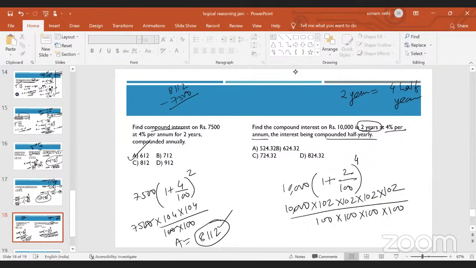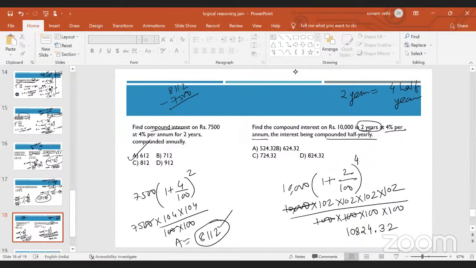Okay. So these 2 zeros and these 2 zeros cancel with this. So 102 to the power 4. 102 into 102 into 102 into 102, divided by 10,000. So 10824.32.